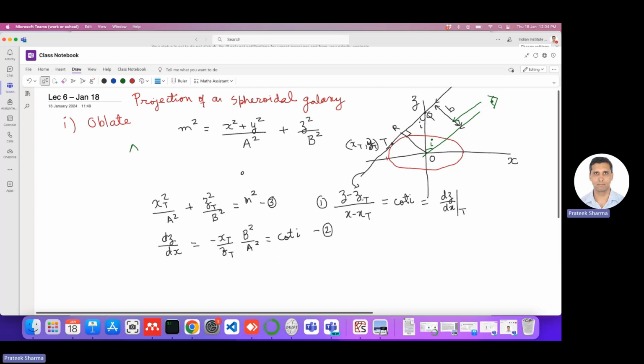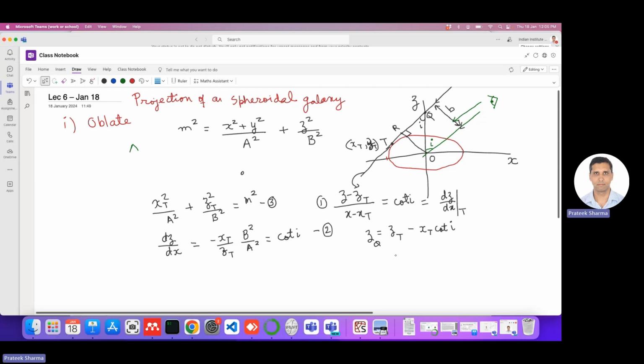If you substitute x equal to 0, then z equals zt minus xt cot I. That's zq, let's call it zq.